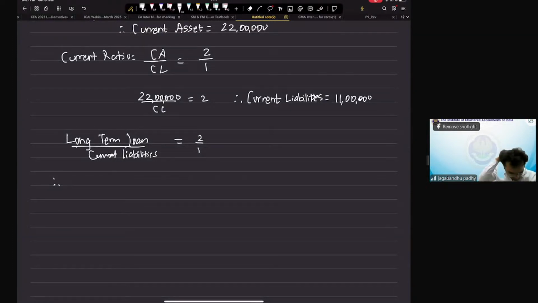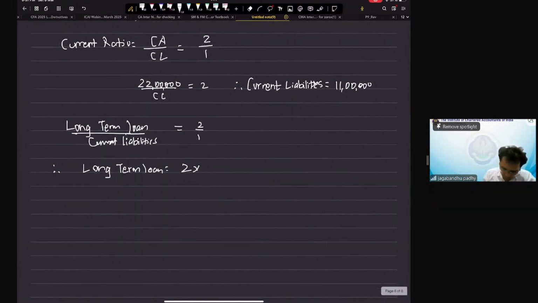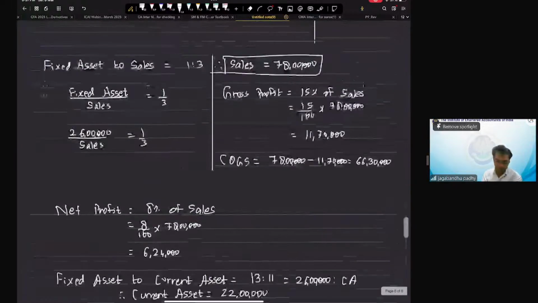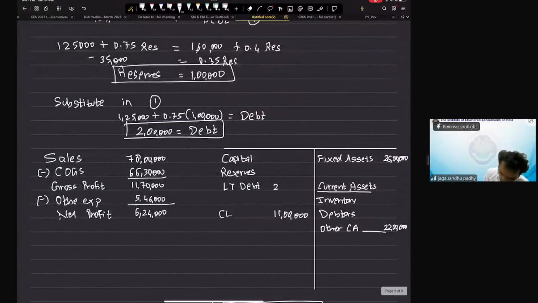Therefore, what is the value of long-term loan? We can definitely say that it is 2 into current liability of 11 lakh. Now, 2 into 11 lakh will be definitely 22 lakhs. So long-term debt works out to be 22 lakhs.